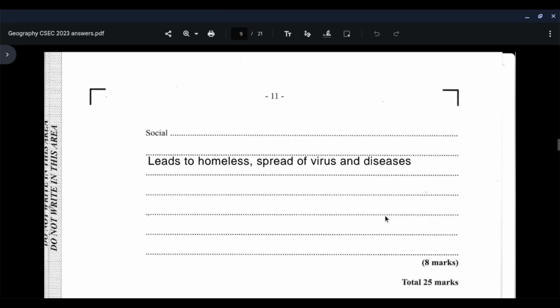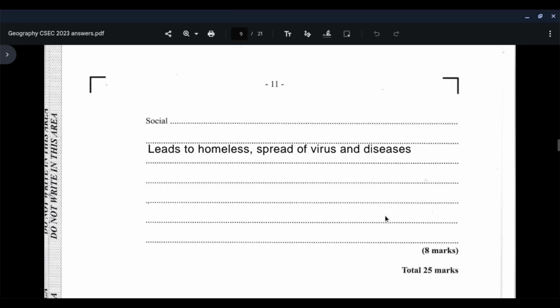Food and water shortages may also affect the population. Now, once you were able to explain for each, 8 marks belong to you. And once you're able to answer all the questions correctly, a total of 25 marks belong to you.